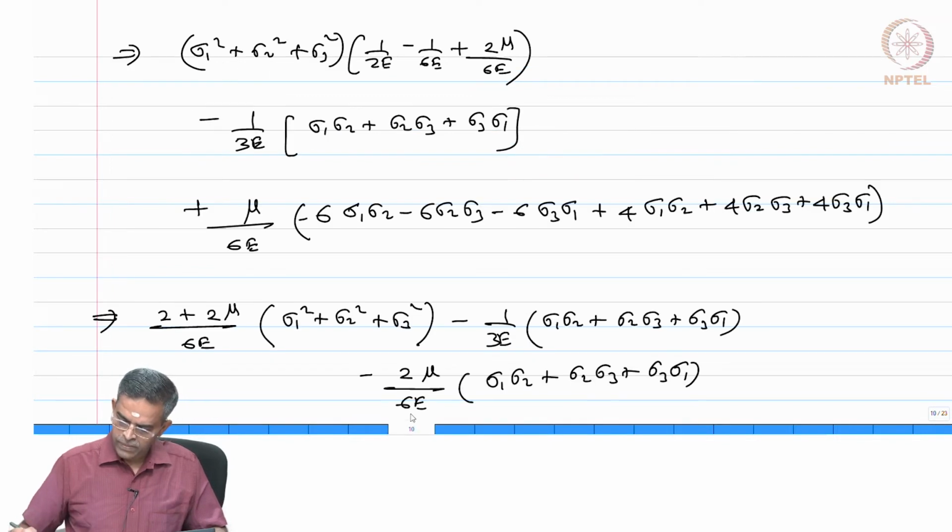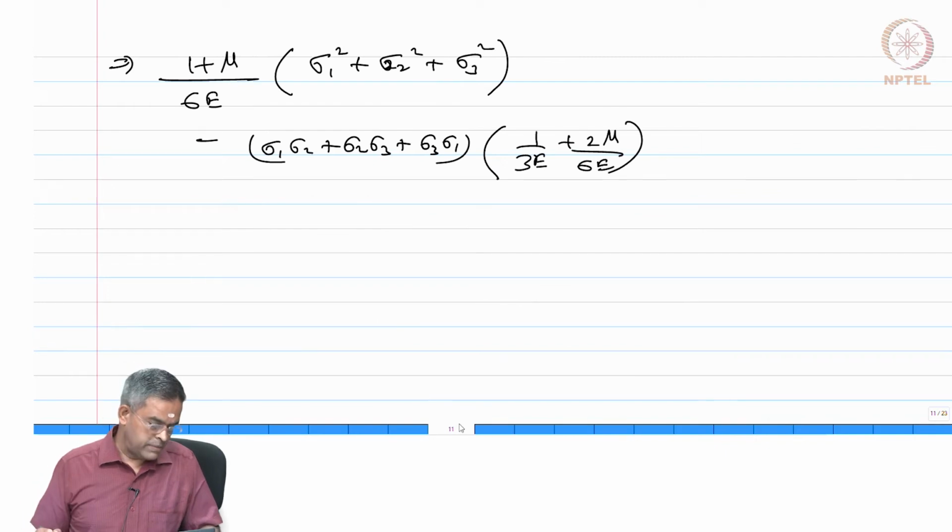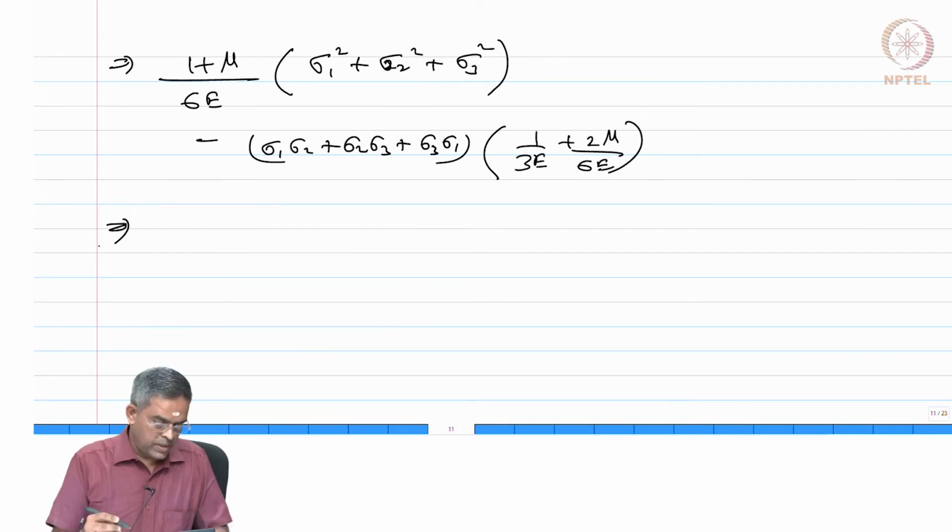Is it not? See here, 1 by 3E, 2μ by 6E. Both are negative. So, take a negative here. I further simplify this.